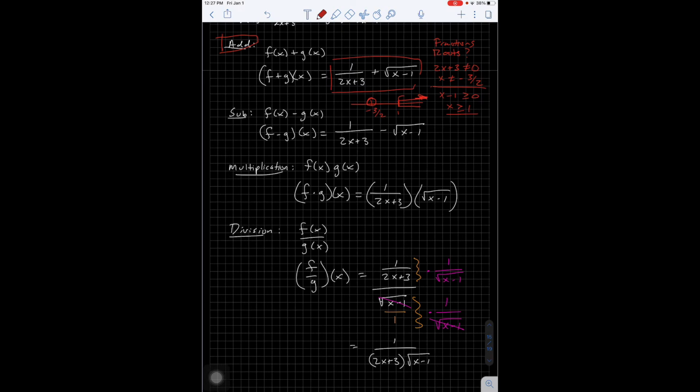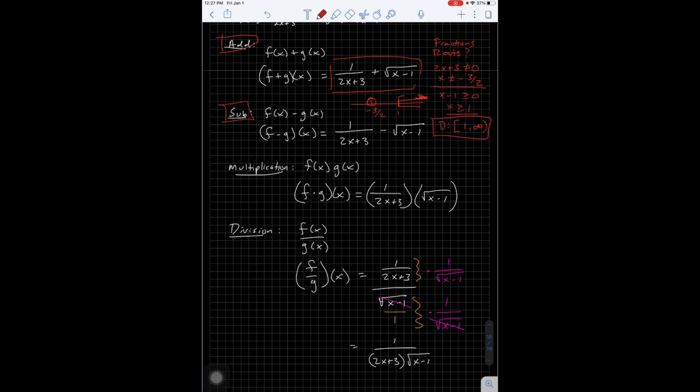If I just say x is greater than or equal to 1, I take care of the problem at negative 3/2. So the domain then is going to just be x is greater than or equal to 1, or in interval notation, that's square bracket 1 to infinity. And that's your domain. Okay, and you do a similar process on all of these operations.